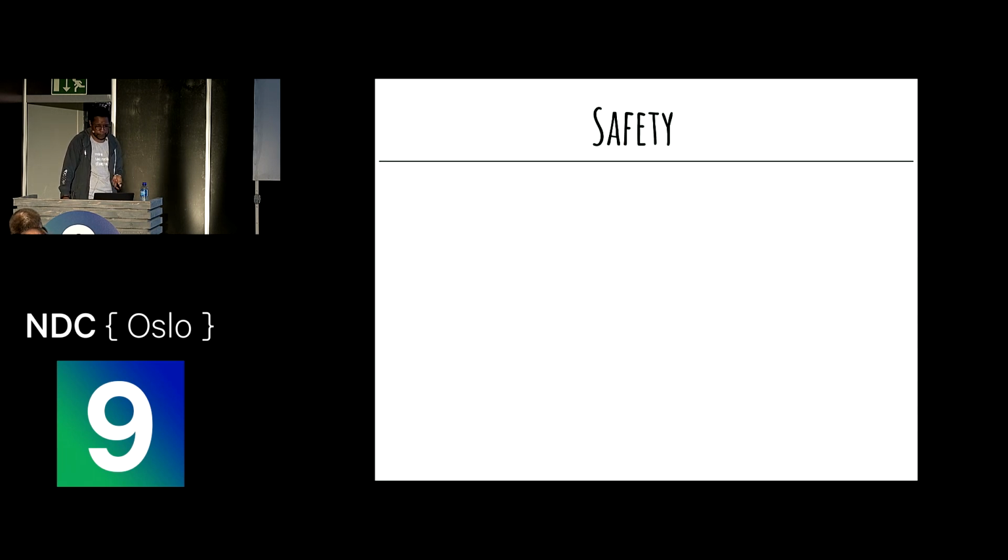Yeah. Then the next thing in the Venn diagram was about safety. So there are several ways that Rust does this, but I think the most important thing is this thing called ownership. And the idea here is very simple.